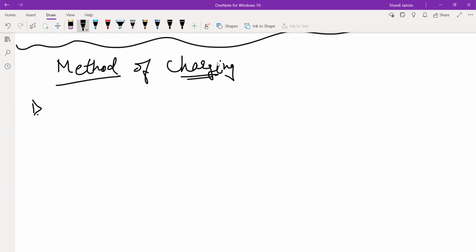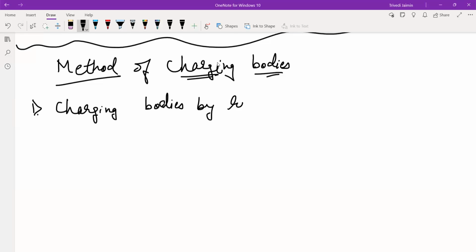First one: charging bodies by rubbing or friction.